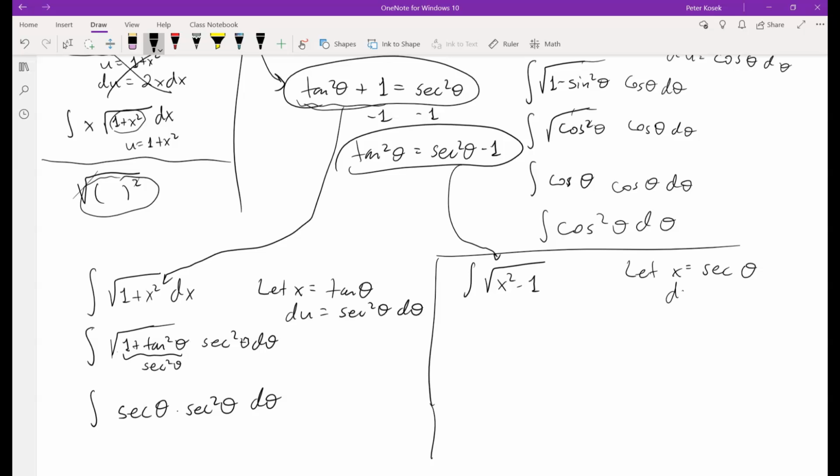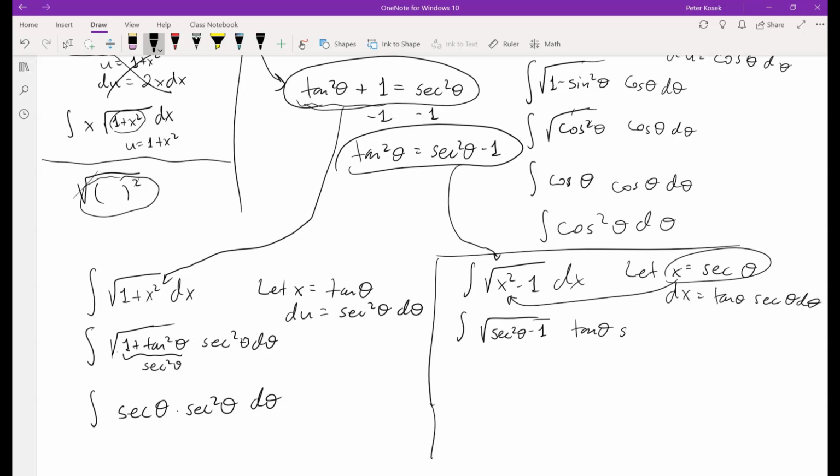Then dx is going to be secant theta tangent theta d theta. And so when I plug this in underneath here, I'm going to get a square root of secant squared theta minus 1, and then I'm going to have a tan theta secant theta d theta.